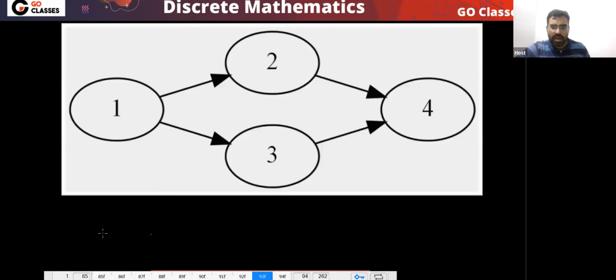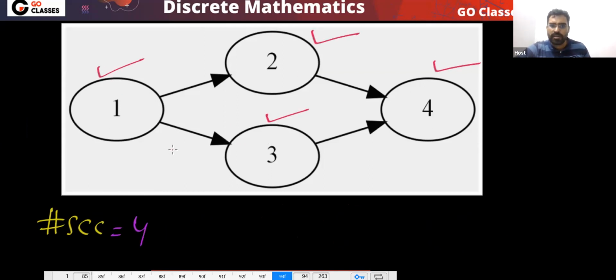Let's see this one. What is the number of strongly connected components? Quickly tell me. How many strongly connected components do we have here? There are total 4. You can very easily see there are total 4, because this will be a component, this will be a component, this will be a component, this will be a component. Nothing else.